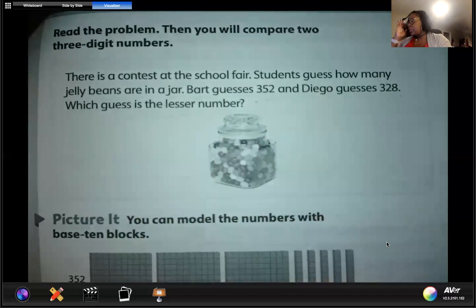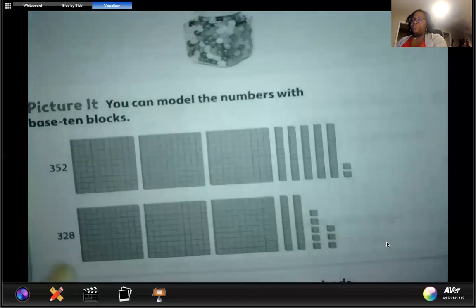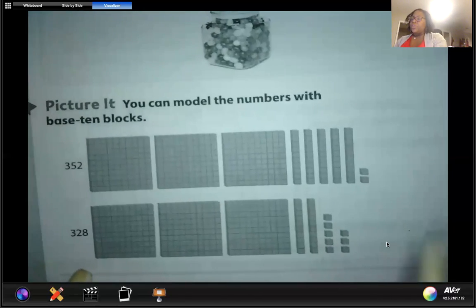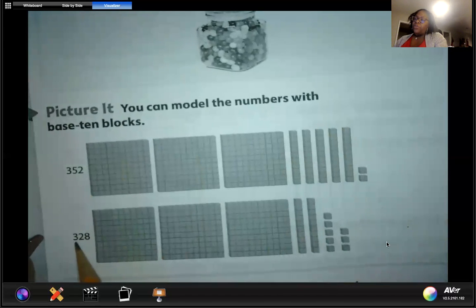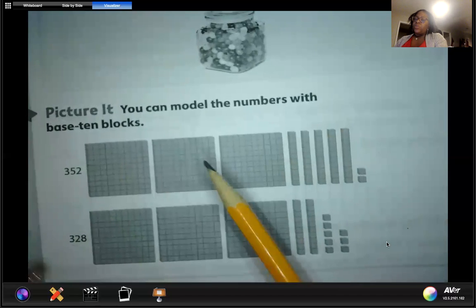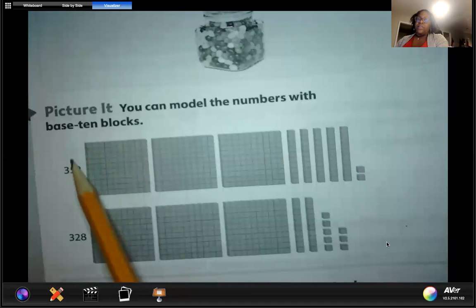Okay? So let's picture it. Down here it has picture it. So down here we see the 352 and the 328. These are the base 10 blocks. And right now we see the hundreds blocks. This is a hundreds block.